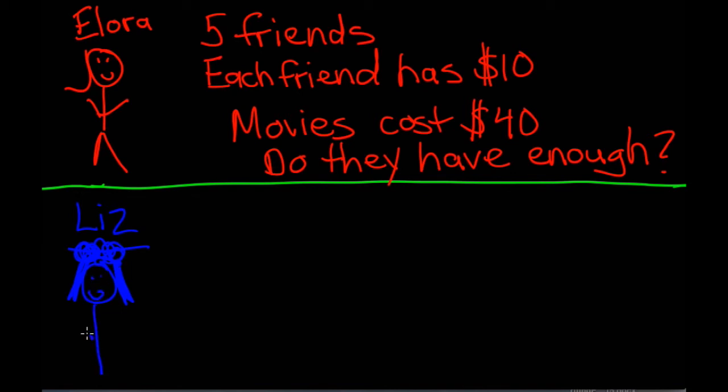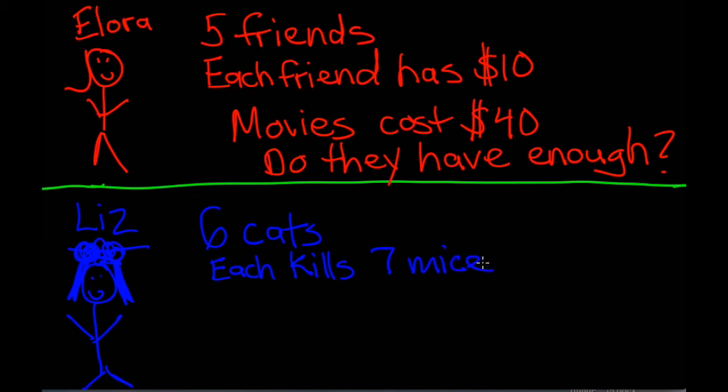Liz has 6 cats. Each cat kills 7 mice. How many mice do the cats kill?